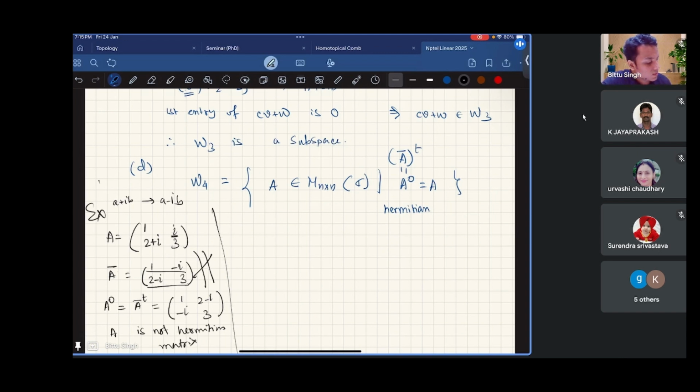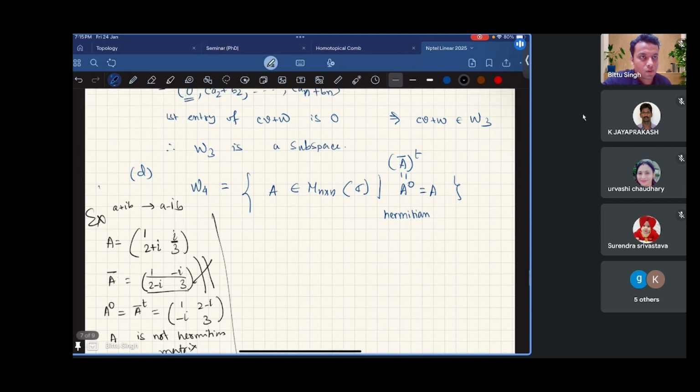First question is if zero matrix is there or not. So zero matrix will be like this: 0 0, everywhere is 0. So it already belongs to W4, right? So we cannot discard. We need to check that scalar addition and multiplication is also there.